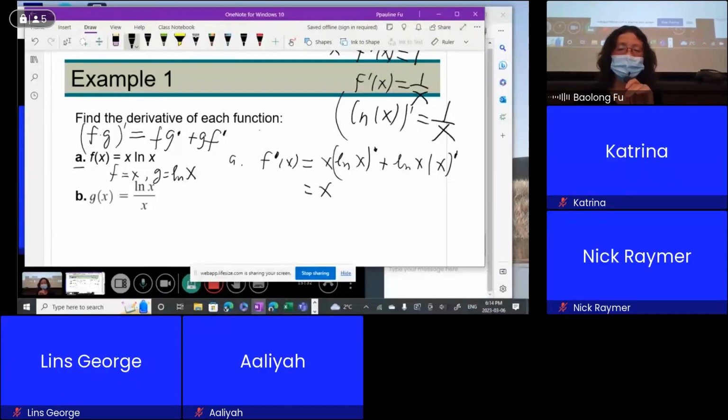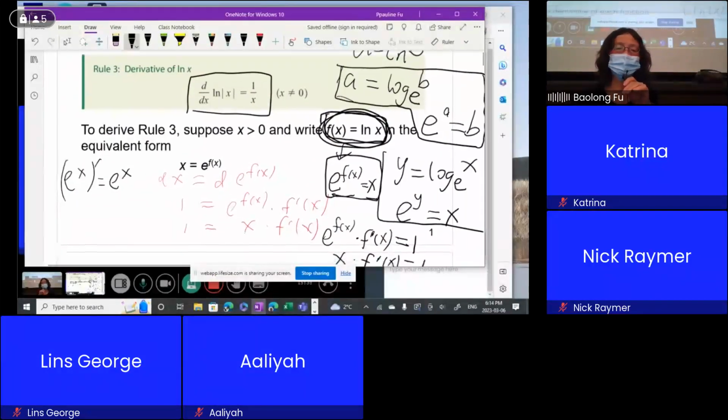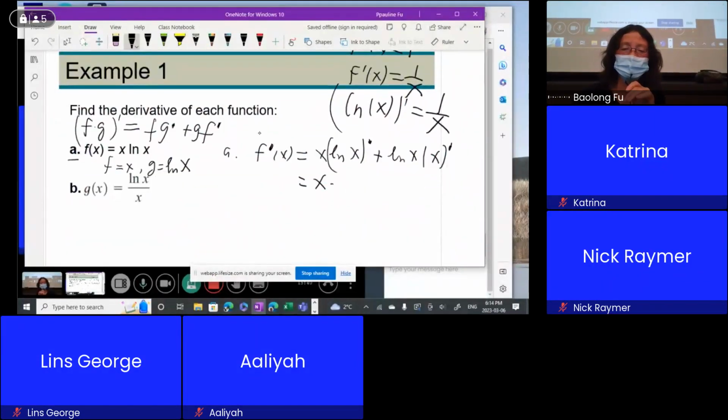The derivative equals x times the derivative of ln x, plus ln x times the derivative of x. See, the derivative of ln x is 1 over x, so x times 1 over x, plus ln x times the derivative of x, which is 1. So the final result: x times 1 over x is 1, plus ln x.